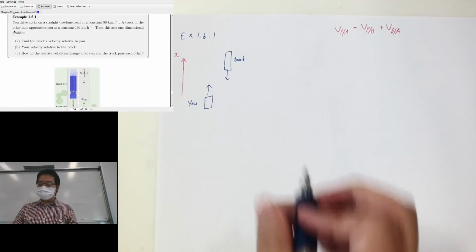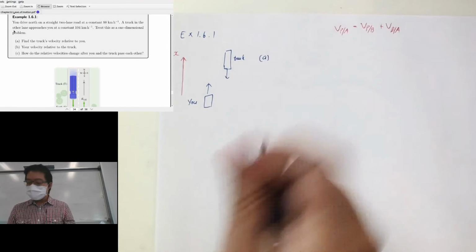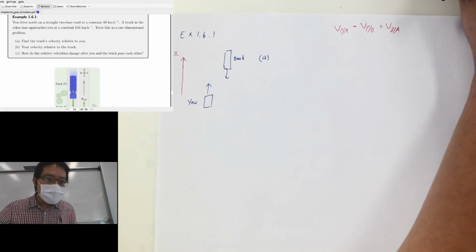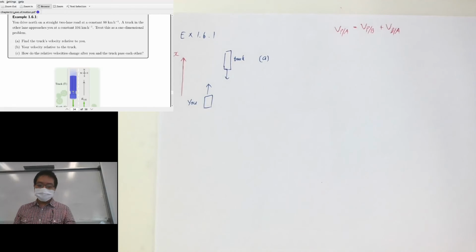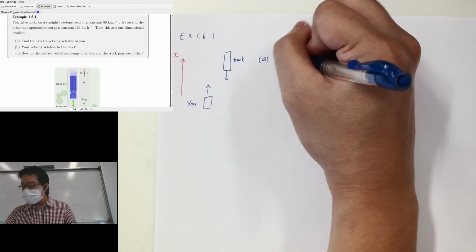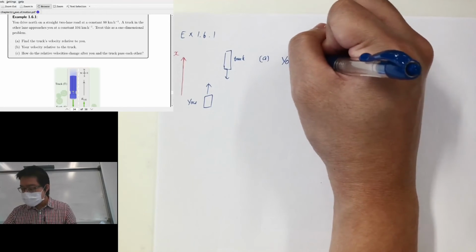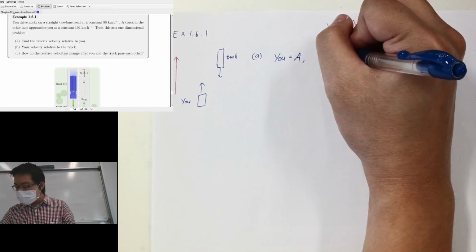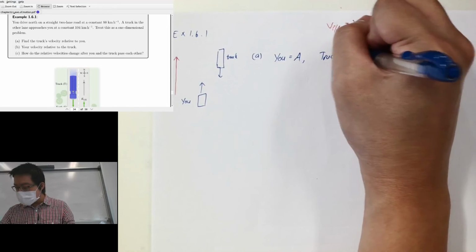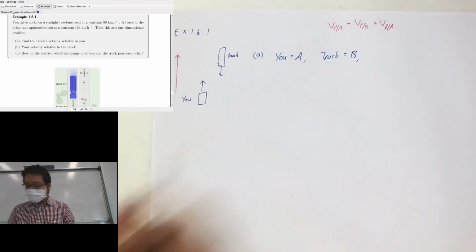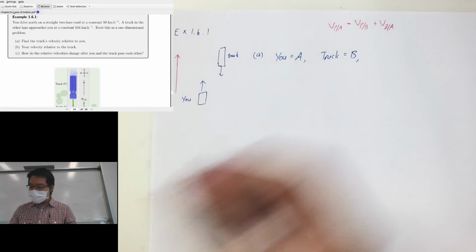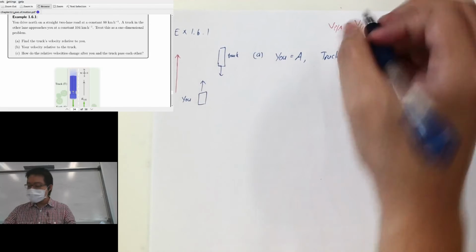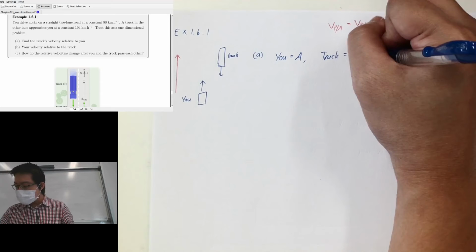For part A, I want to find the truck's velocity relative to you. So let me assign you to be the coordinate system A. Since we are observing the truck, we shall take P to be my truck.